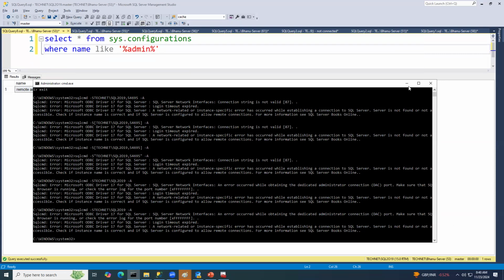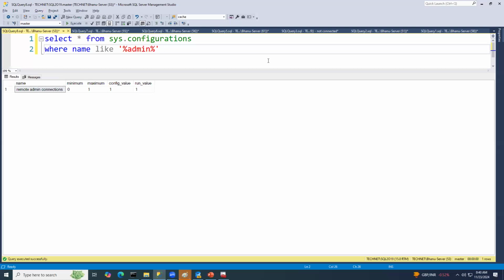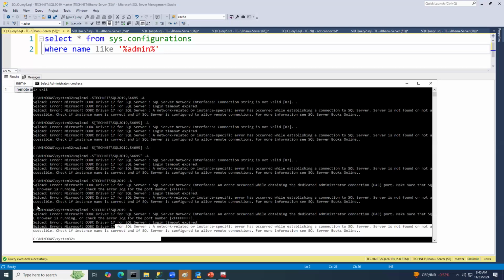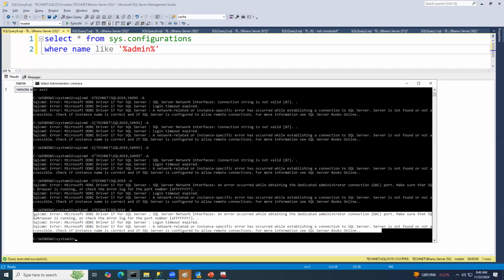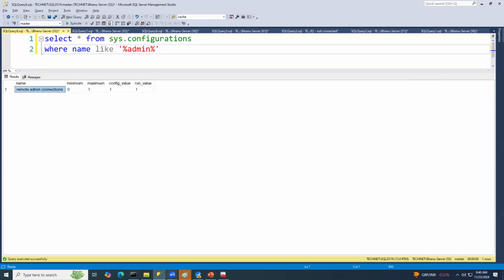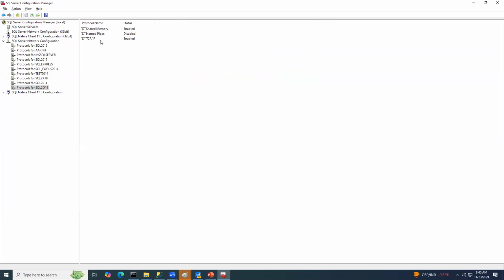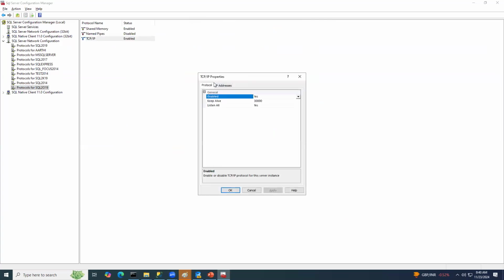Whenever I'm trying to connect using SSMS, I notice some issues. From command prompt, it should work. I'll have to check why it is depending on the browser. It definitely looks like it is depending, but I will see and check that.